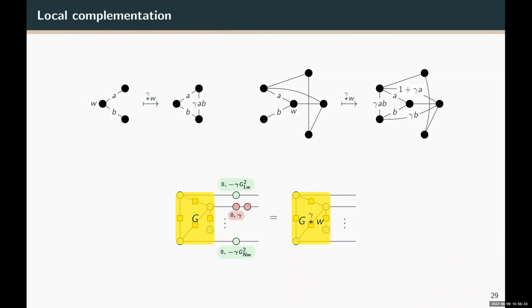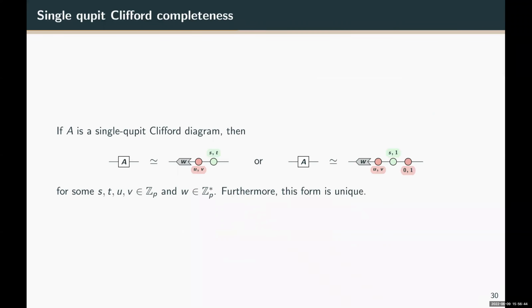So at this point, we're almost done with all of the constructions which are used in the completeness proof. The last thing that we really need is the completeness result for the single qubit Clifford group.